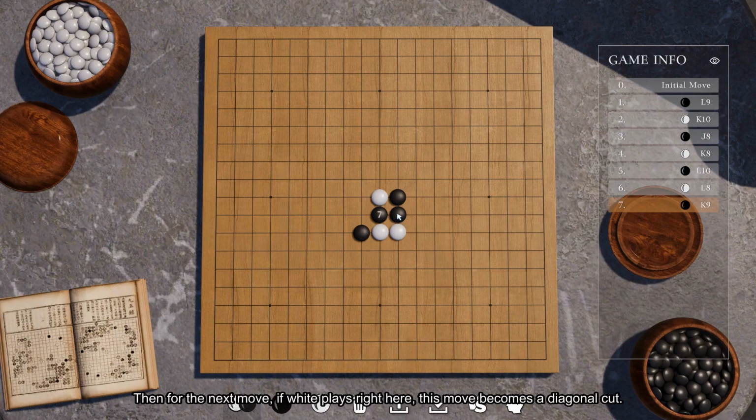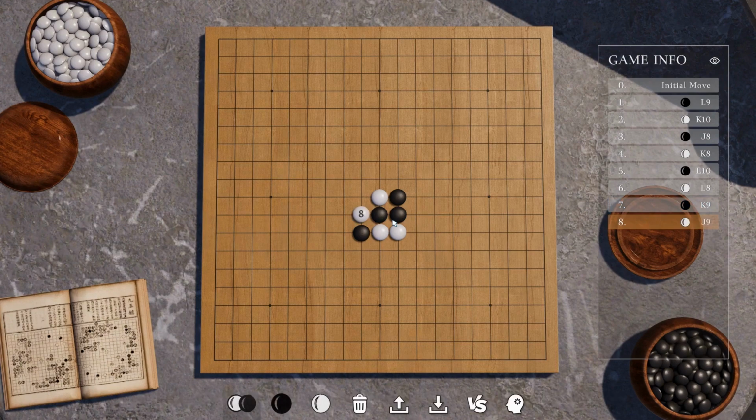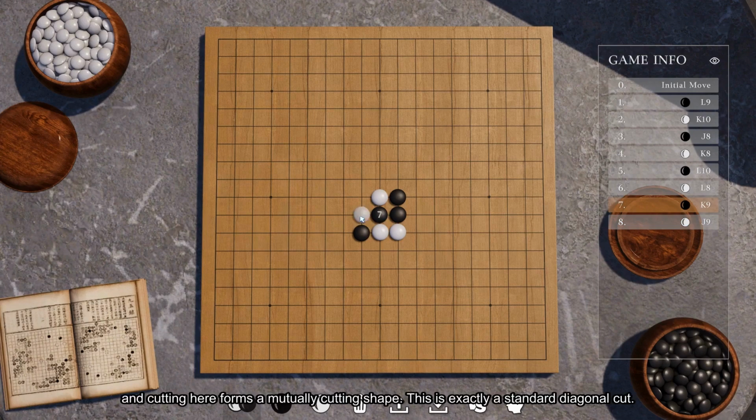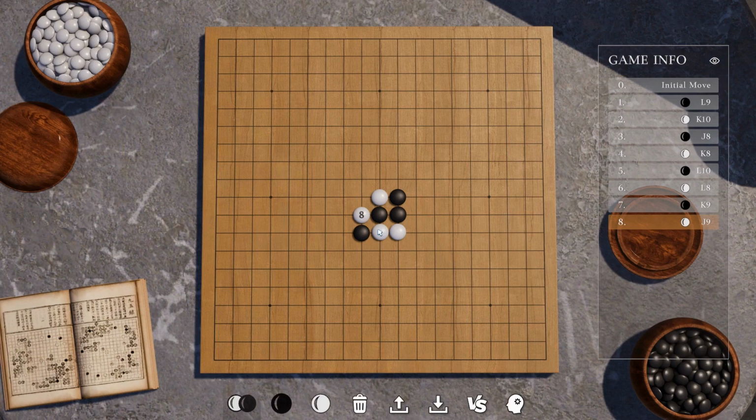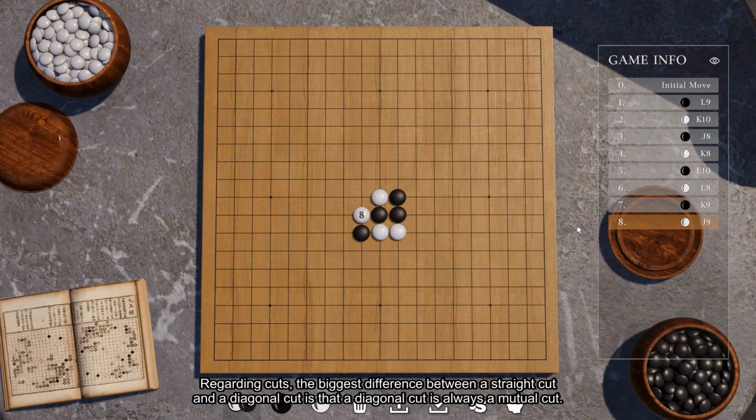Then, for the next move, if white plays right here, this move becomes a diagonal cut. Because a cutting point in the strict sense appears right here, and cutting here forms a mutually cutting shape. This is exactly a standard diagonal cut. Regarding cuts, the biggest difference between a straight cut and a diagonal cut is that a diagonal cut is always a mutual cut.